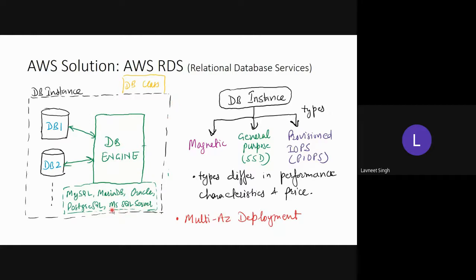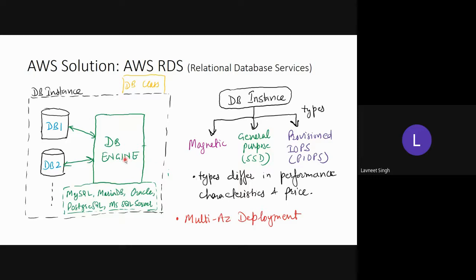If you have an MS SQL Server license, for example, you can use that license to create that database in AWS RDS, and the database engine of this RDS service will provide some API which your application deployed on AWS can use.